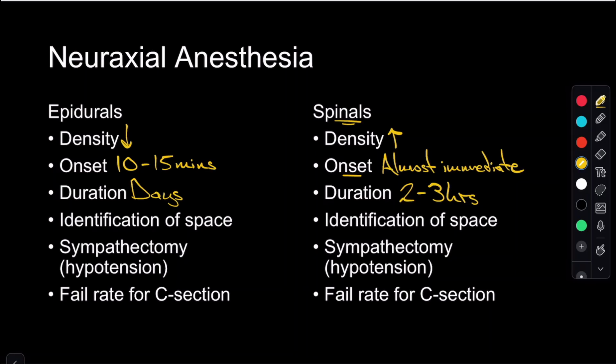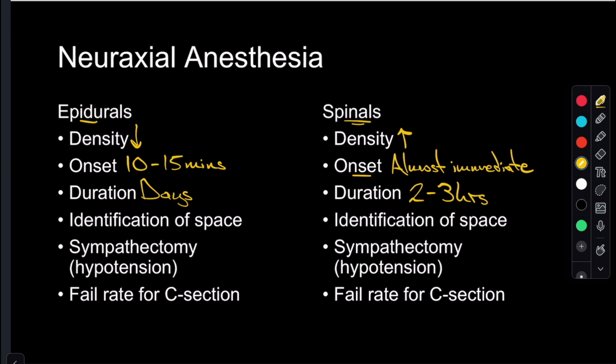Because these are different anesthesia techniques and you're targeting different spaces within the spine, you're going to use different techniques to identify the space. So if you're performing an epidural, you're going to take a needle and advance it with the stylet in place through the supraspinous ligament into the interspinous ligament, and then you can remove the stylet.